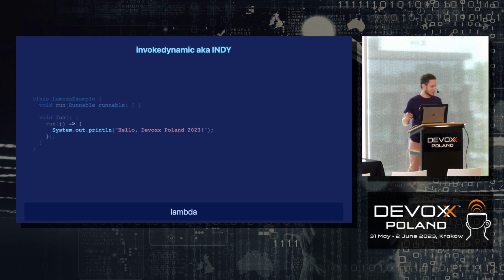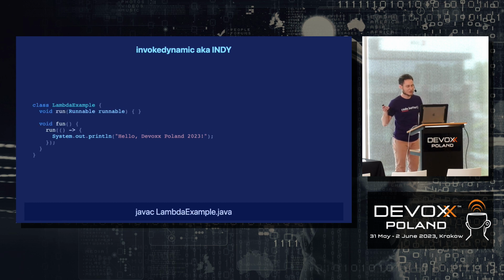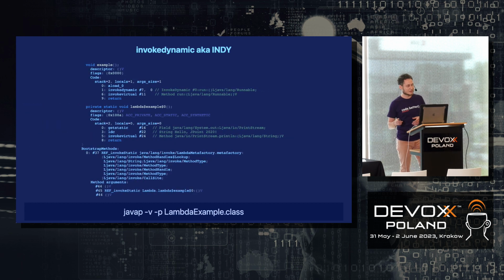If we compile this by calling javac, LambdaExample, and decompile it using the standard JDK tool javap, let's say the Java disassembler, with two arguments important to me, -v for verbose and -p for private, protected, etc. I basically call them show me everything. javap -v -p, and we supply the resulting class file after compilation. We're going to see the bytecode.